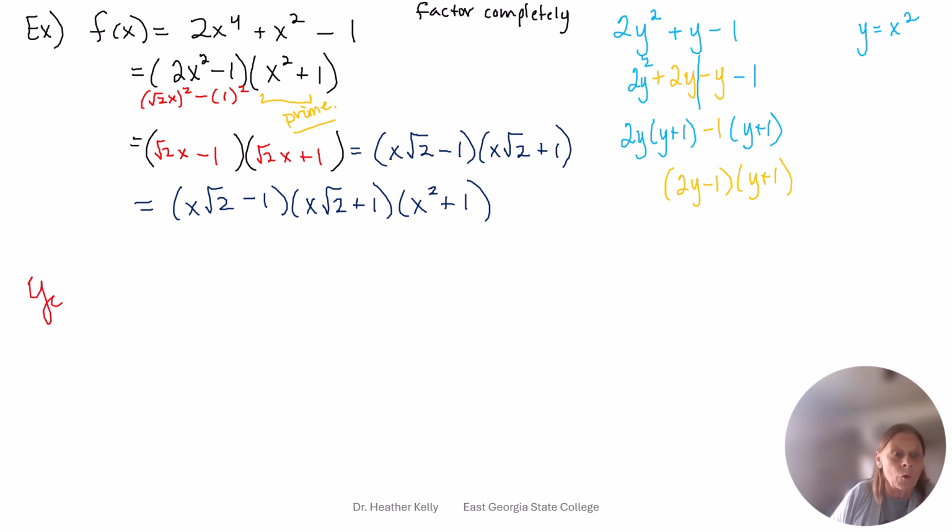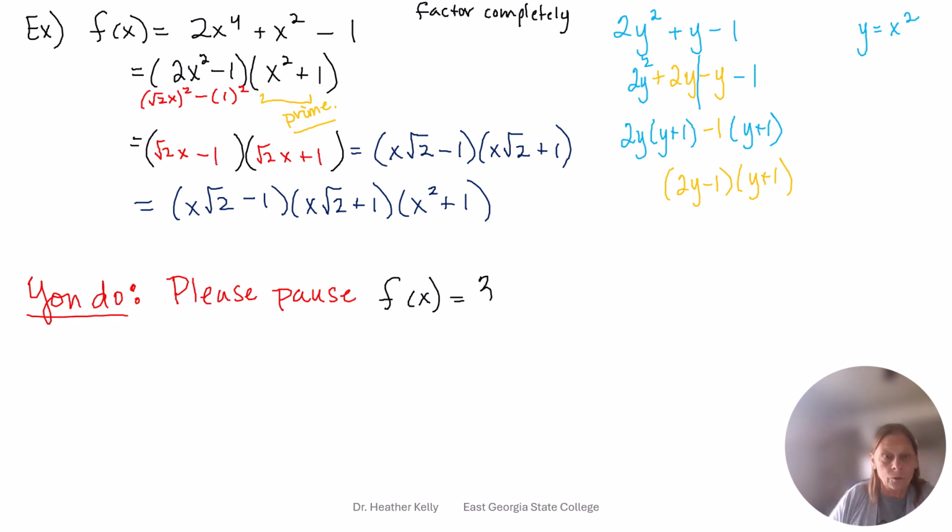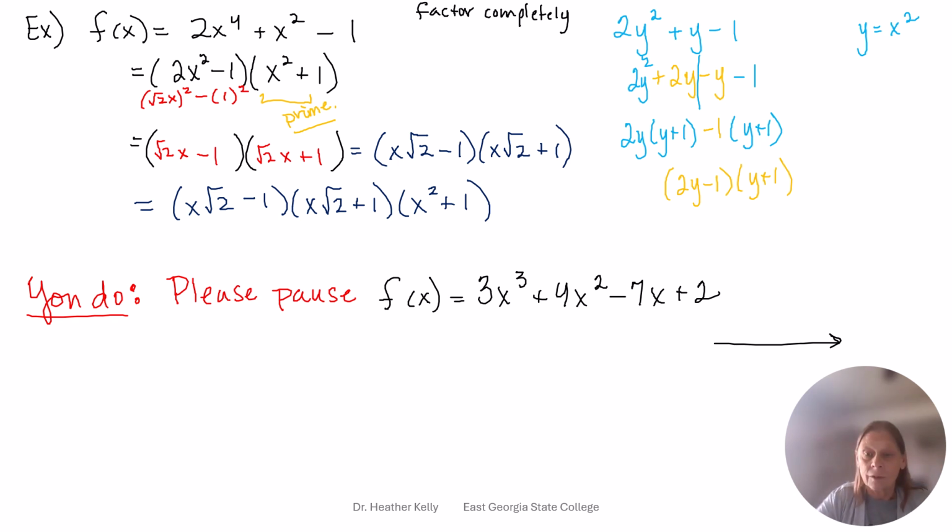So I am going to want you to please pause and try this problem, okay? So here goes the problem. F of x is equal to 3x cubed plus 4x squared minus 7x plus 2. In fact, I'm going to move to the next page because I won't have enough time to do this. So, pause.